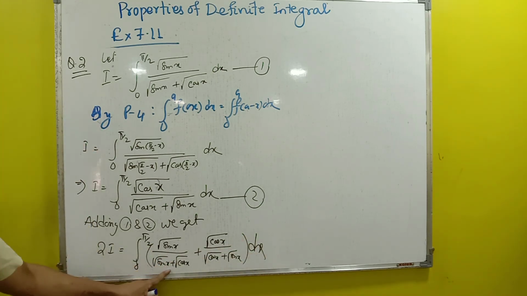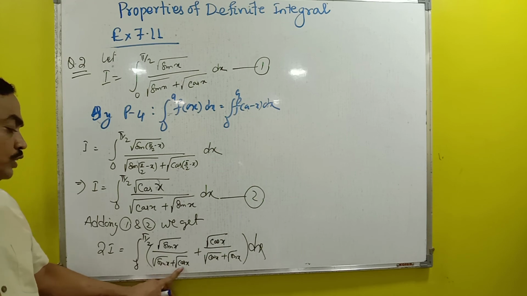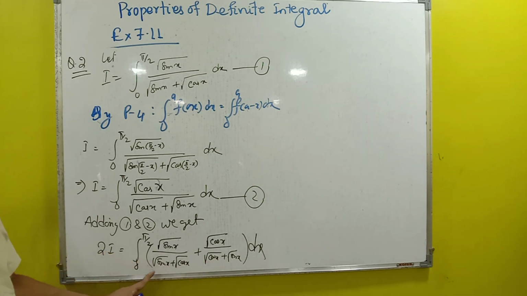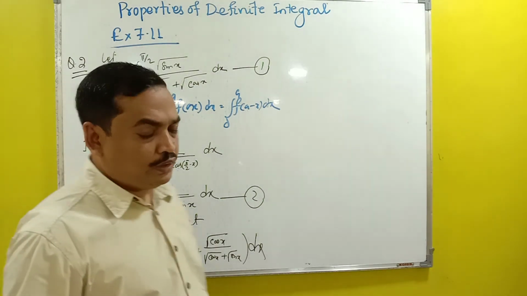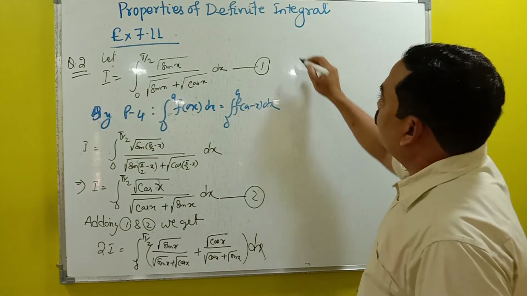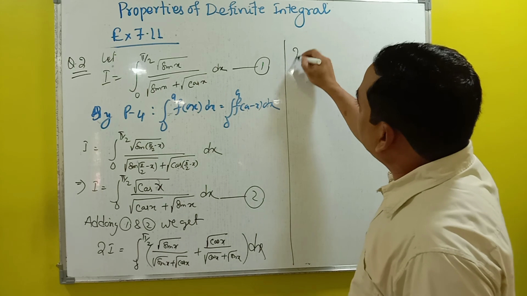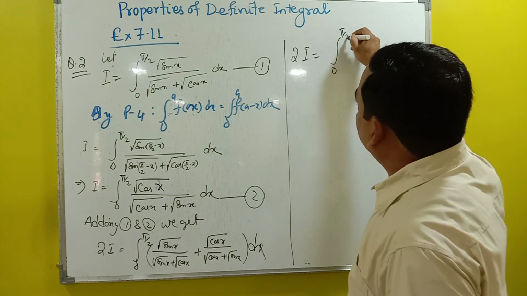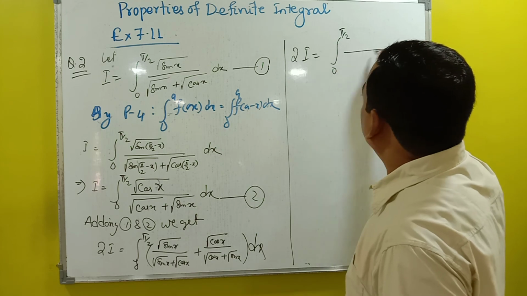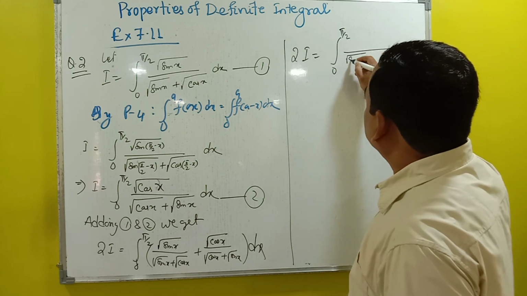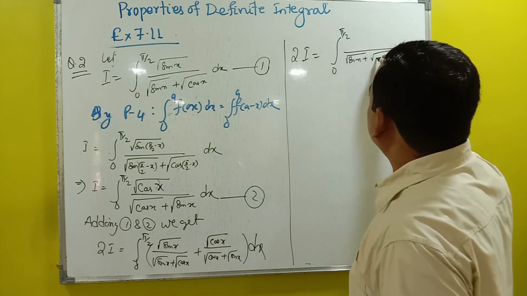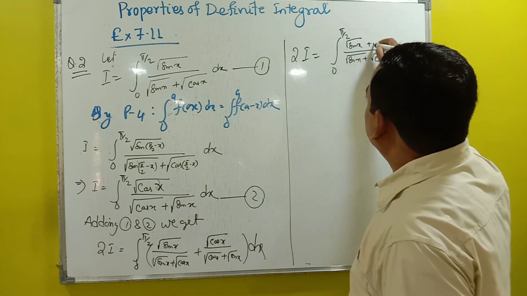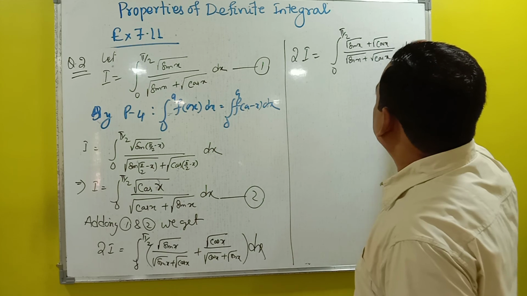Just see the denominators: root sin x plus root cos x and root cos x plus root sin x are equal. So this can be written as 2I is equal to the integral from 0 to pi by 2 of root sin x plus root cos x upon root sin x plus root cos x dx.